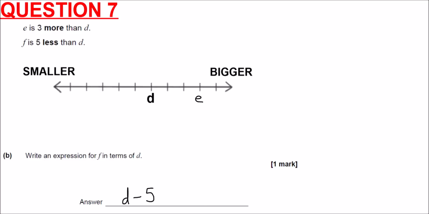If F is 5 less than D, unlike E, which is 3 bigger, F is 5 less, and so from D we'd go 5 in the small direction. 1, 2, 3, 4, 5. F would be right at this end here. So F is wherever D is, but we need to take a further 5 away. Whereas with E, we did D and added 3.